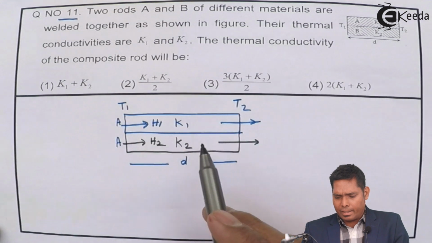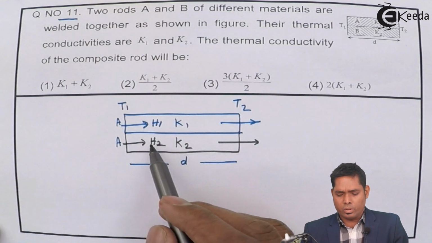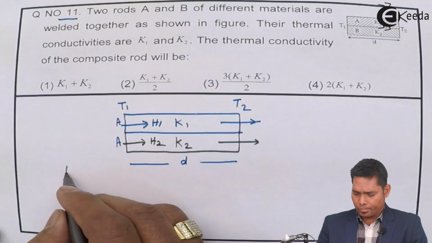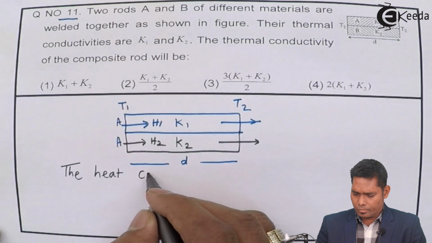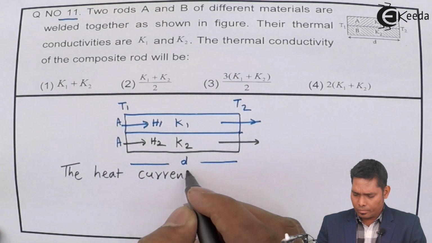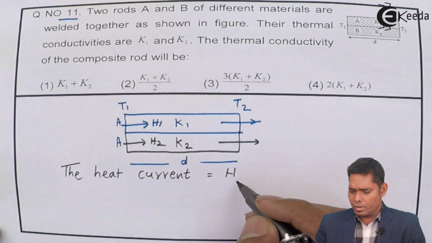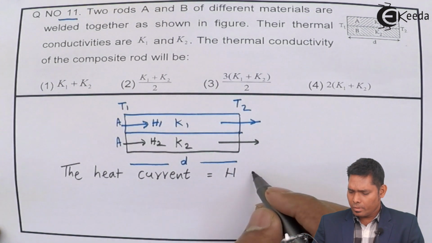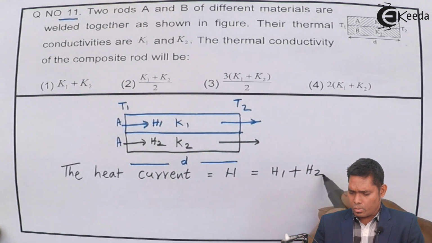So the total heat current will be H equals H1 plus H2.